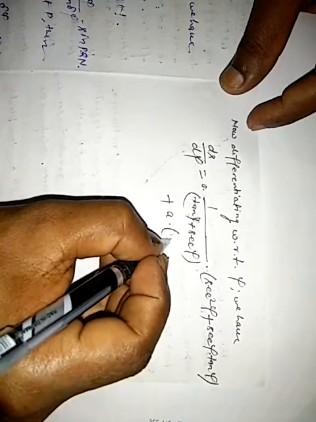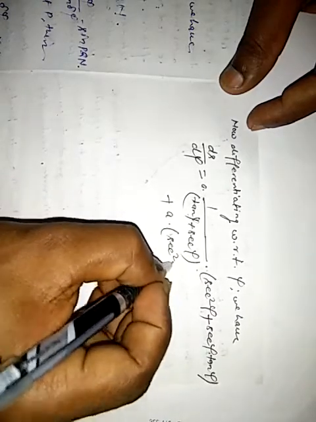Plus a, and the differentiation of tan psi into sec psi, this is a product: the differentiation of tan psi is sec square psi into sec psi, plus tan psi into the differentiation of sec psi, which is sec psi into tan psi.